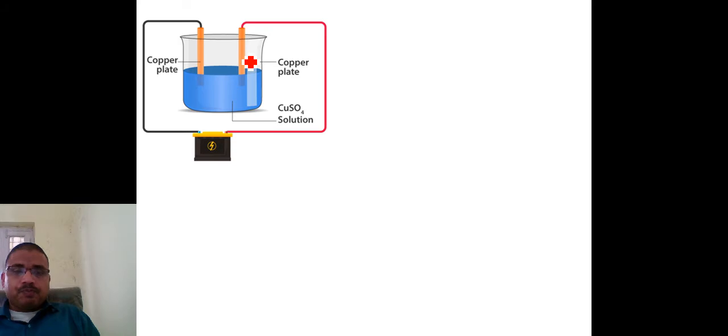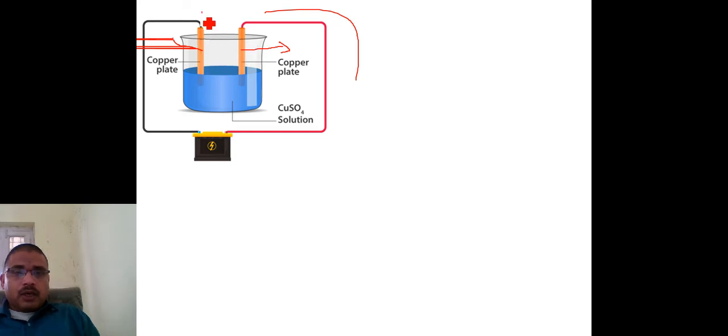What happens here when electricity passes through the battery? Suppose here there is a copper plate, and here there is an iron plate. The electrons that come from the copper plate get deposited on the iron plate.